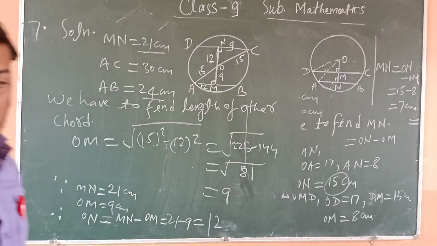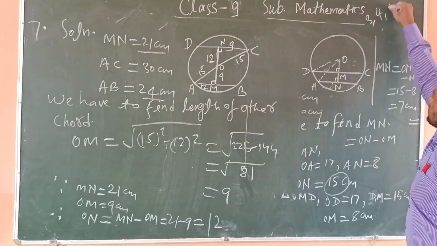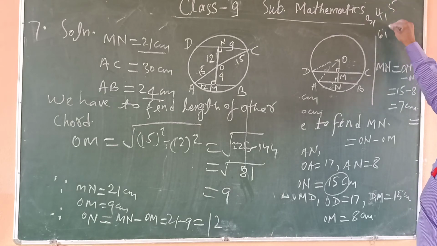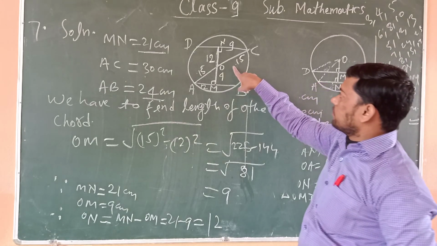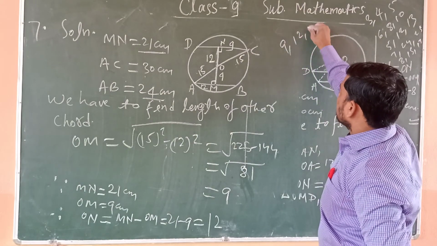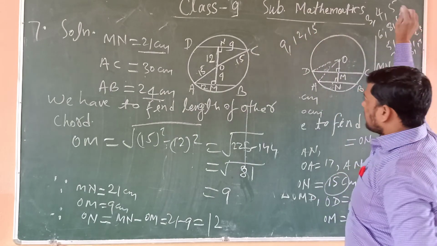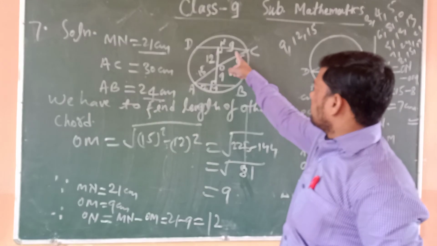Pythagorean triplets, you know: 3, 4, 5; 6, 8, 10; 5, 12, 13; 7, 24, 25; 8, 15, 17. Similarly, 15, 12, 9; 9, 12, 15. These all are Pythagorean triplets. So 15, 9.